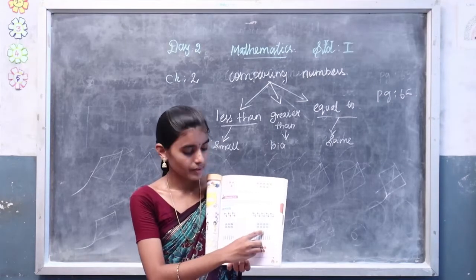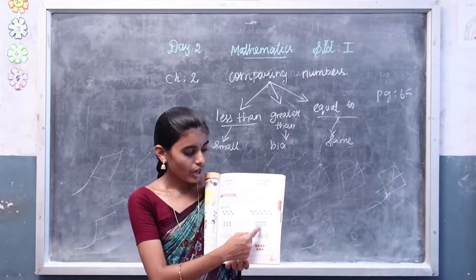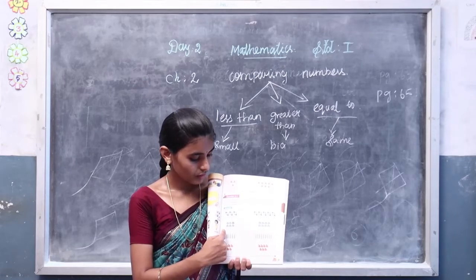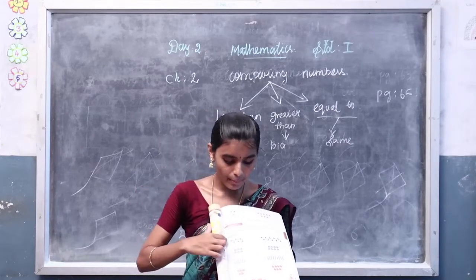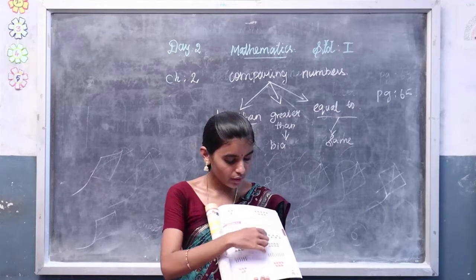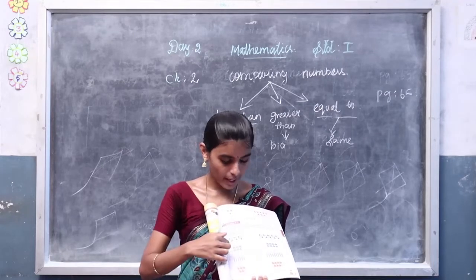6 and 8. We have to compare both numbers. So how do you find which one is greater or smaller? To find the big number and small number, strike out the caps in both boxes. Strike out the first cap in both boxes and strike out the second cap.